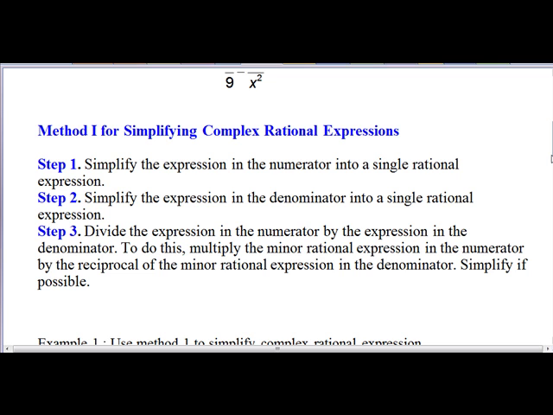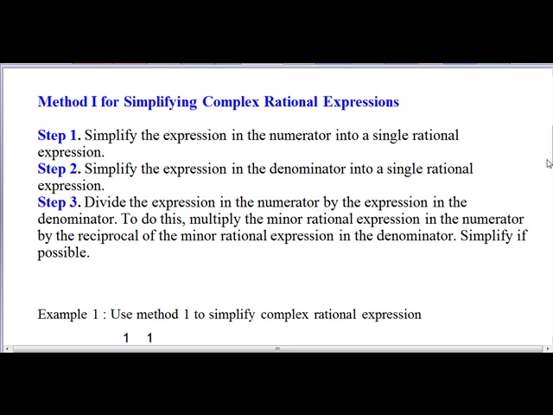Step 2, simplify the expression in the denominator into a single rational expression. And step 3, we put them together and divide. To do this, we multiply the minor rational expression in the numerator by the reciprocal of the minor rational expression in the denominator. Simplify if possible.